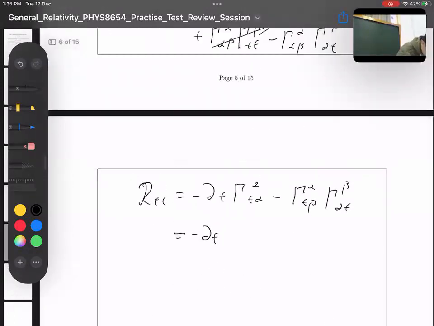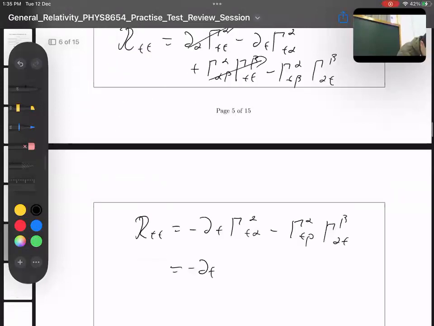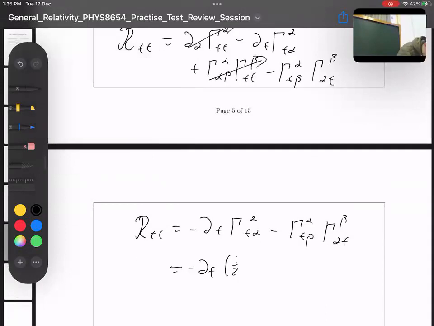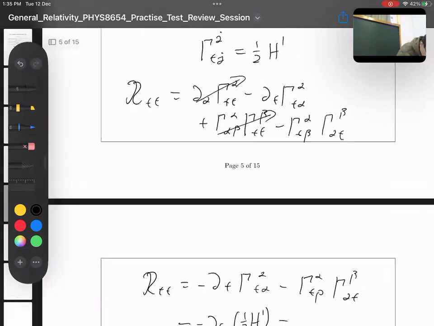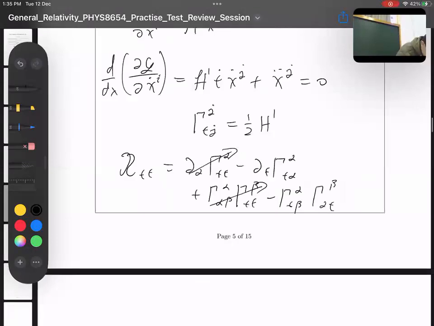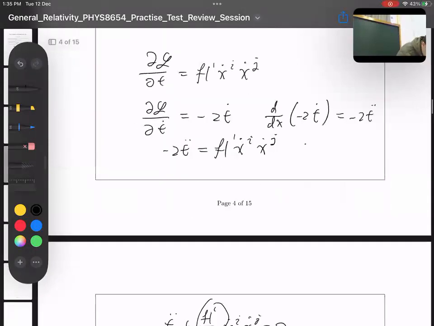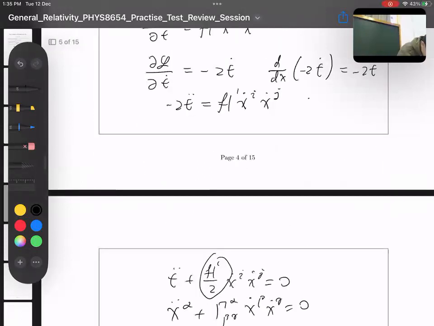So now we take the partial derivative of this, and we get... right, and then we subtract the mixed t term. So this will be... wait, where's this? Oh, we need this term. So gamma t.